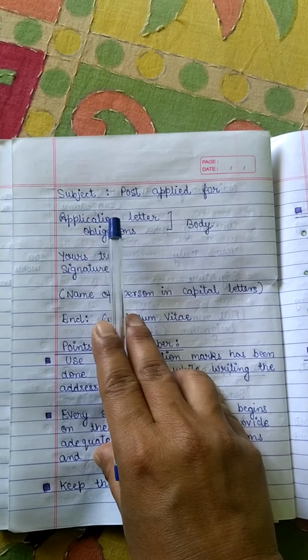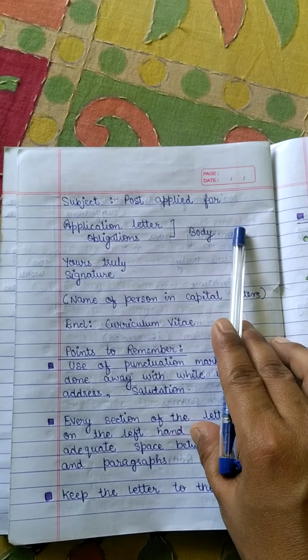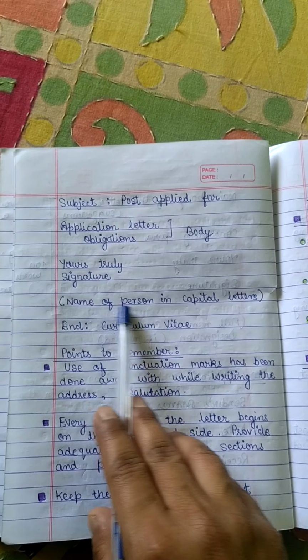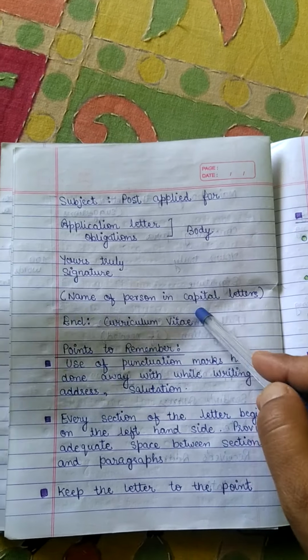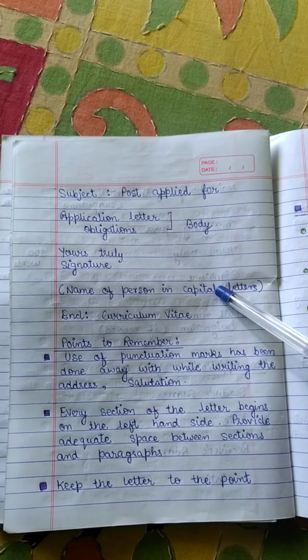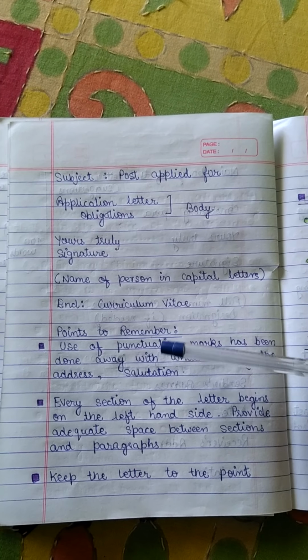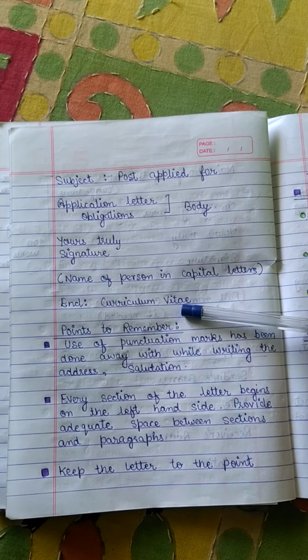Then we will write the body of the letter, and then yours truly and signature. We will write the name of the person writing the letter in capital letters. And whenever we are writing a job letter, we will always enclose the curriculum vitae, that is CV, with it.